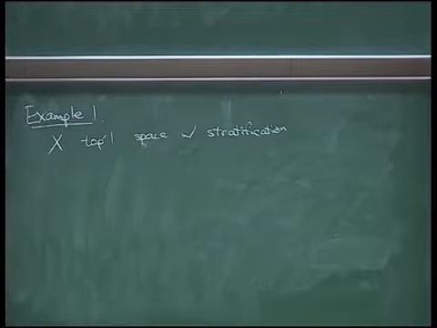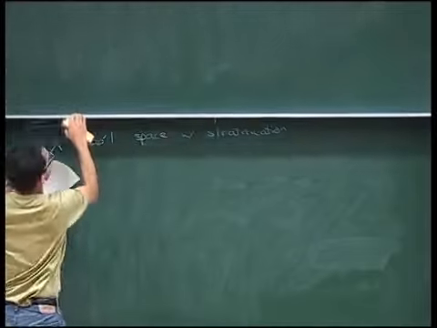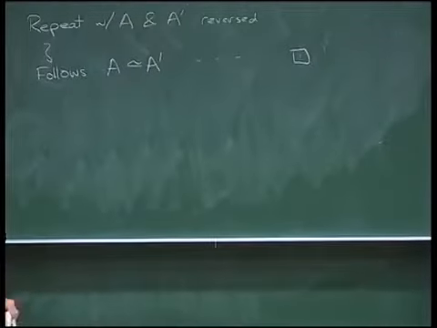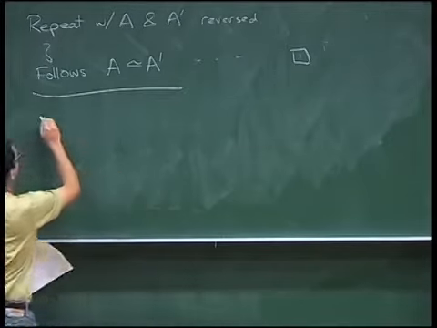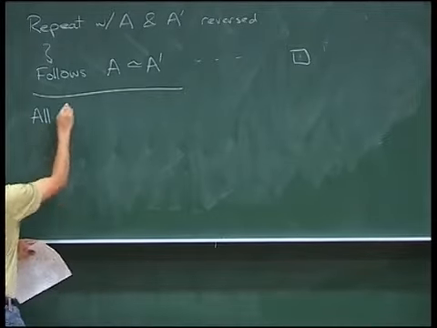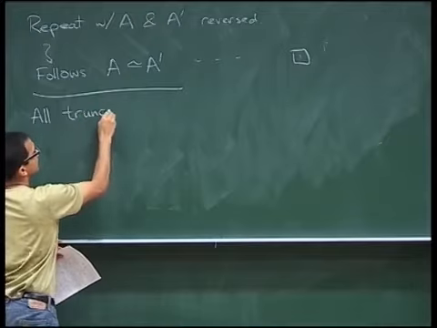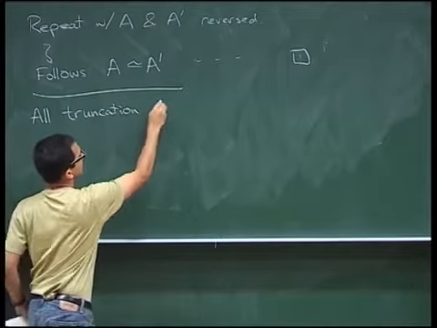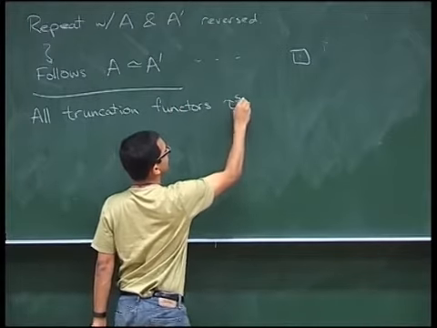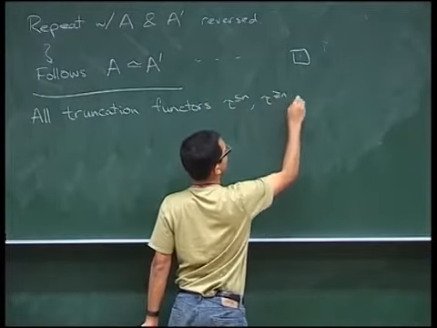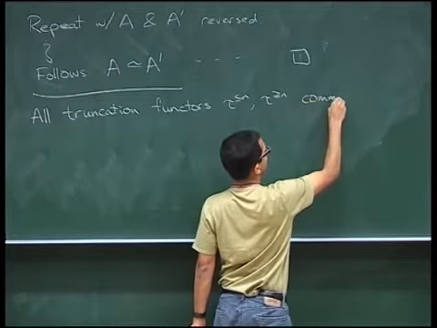Oh, sorry. Before I do that, I want to mention a couple other things about truncation functors. All the various truncation functors, tau less than or equal to n and tau greater than or equal to n, commute with each other.